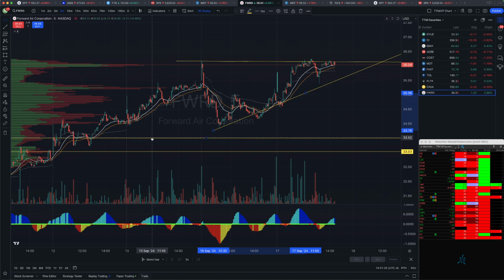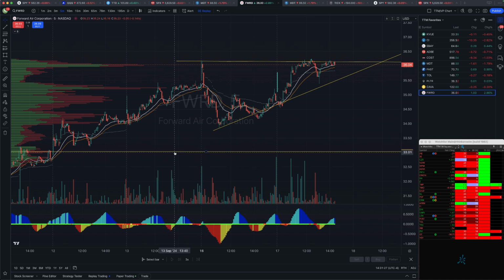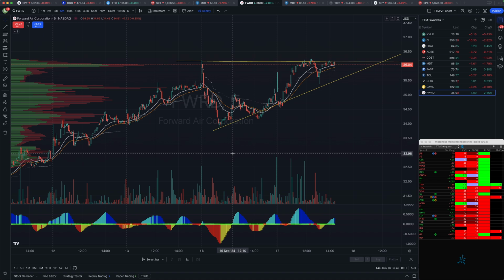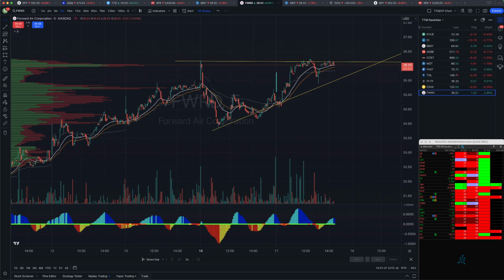What's that? Ascending triangle, right? And these patterns play within each other. Couldn't an ascending triangle also be a cup and handle, which we didn't really talk about? A cup and handle tends to break that way, and an ascending triangle tends to break that way, right?